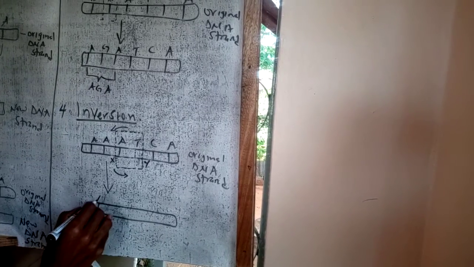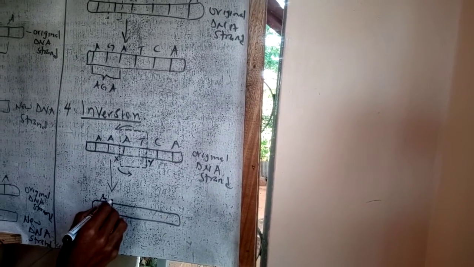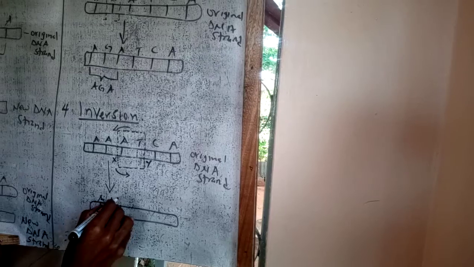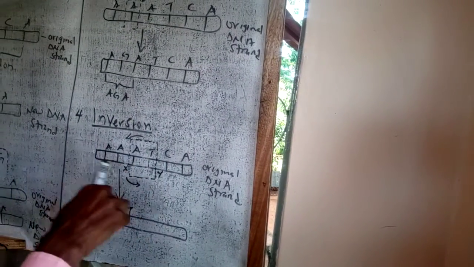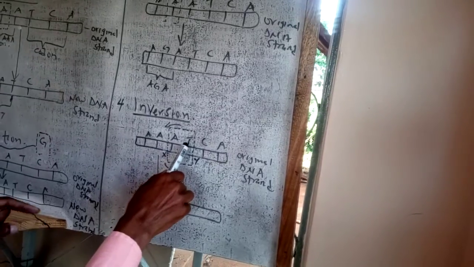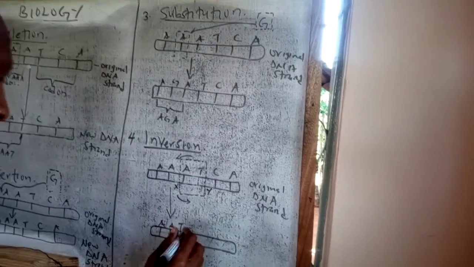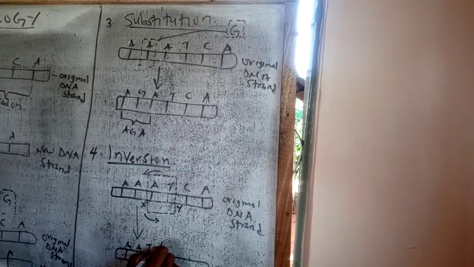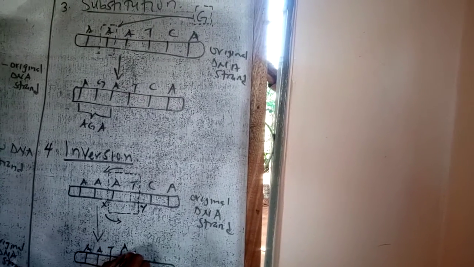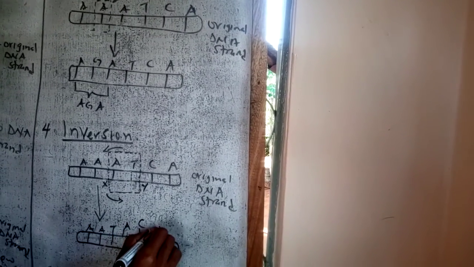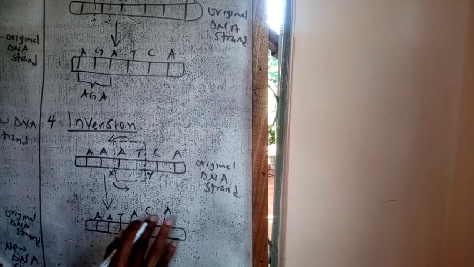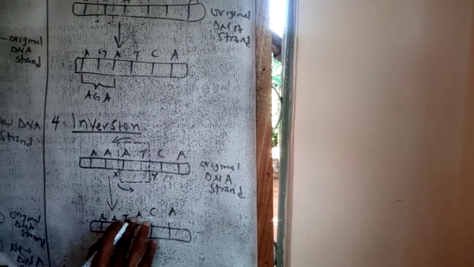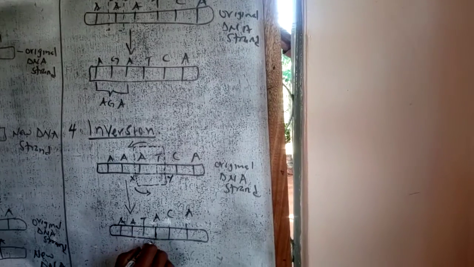That is, it will become A. Then we have another A, followed by T, because the T was on this side, but after rotation it will reverse the nitrogenous base. We start with T, followed by A, and finally we have C and A following them. So we have it like that, and therefore that is the way that you are supposed to represent it.